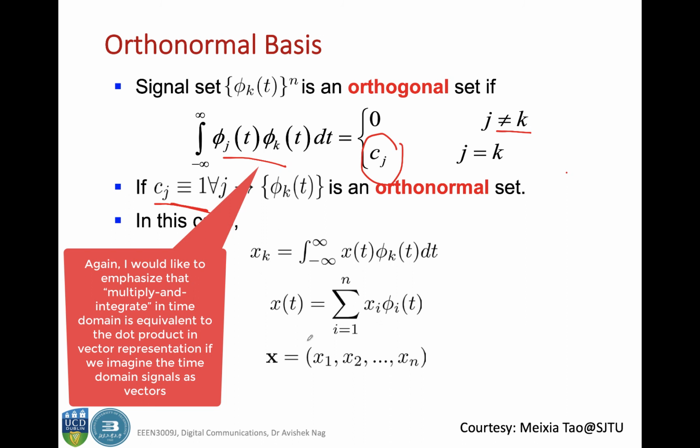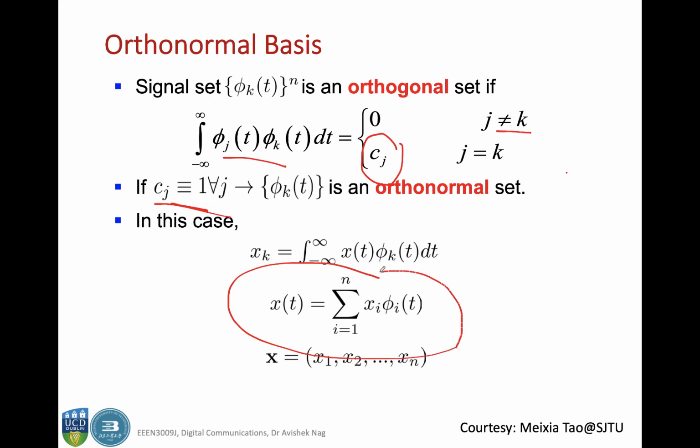And then you can represent your signal using this orthonormal set like this, and each component of the signal x1, x2 up to xn can be given by this expression. Okay, so this is how you can represent any signal in time domain as a vector in a vector space that is defined by this orthonormal set phi k(t).